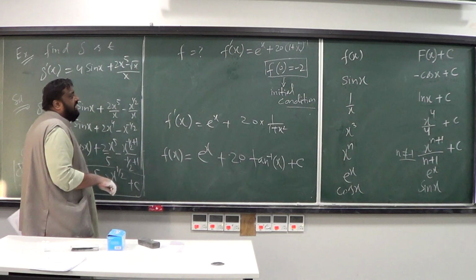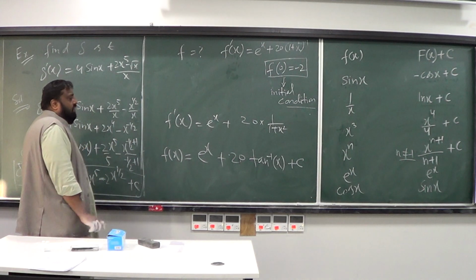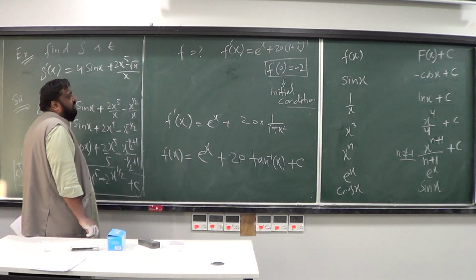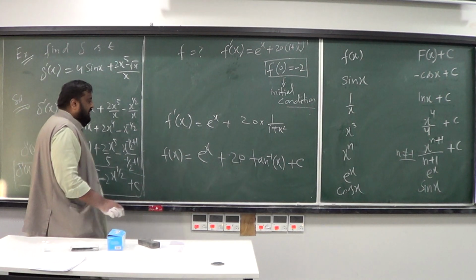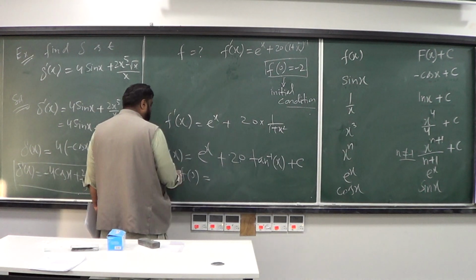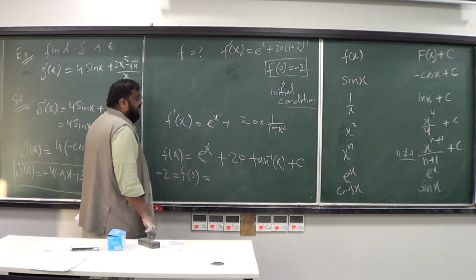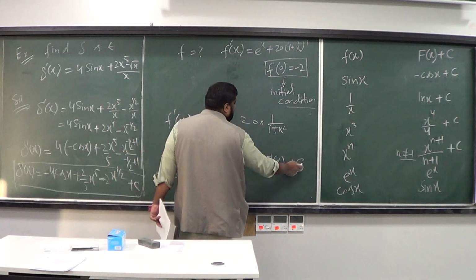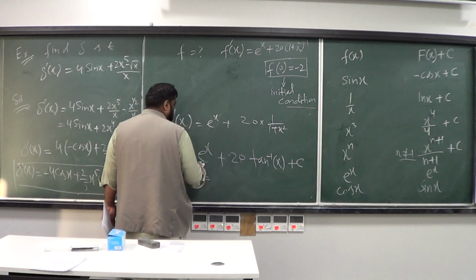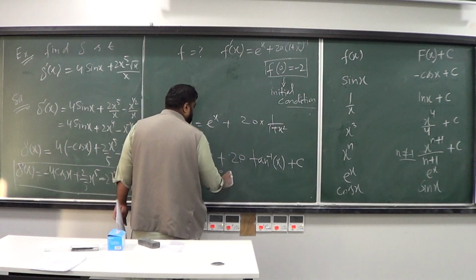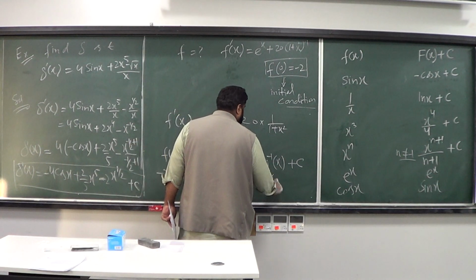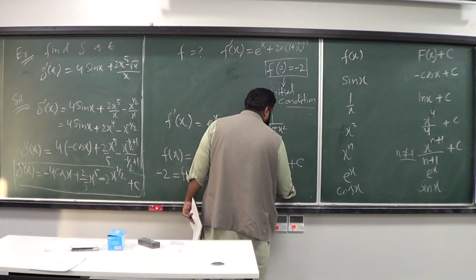We have been given an initial condition and we need to find such an f in which if you substitute 0, you get minus 2. So let's substitute 0 in the given function and equate it to minus 2, and let's see what value of c you get. If you substitute 0, you're going to get e to the 0 plus 20 tan inverse 0 plus constant c.